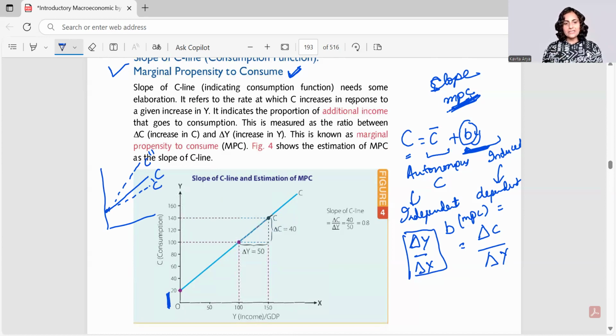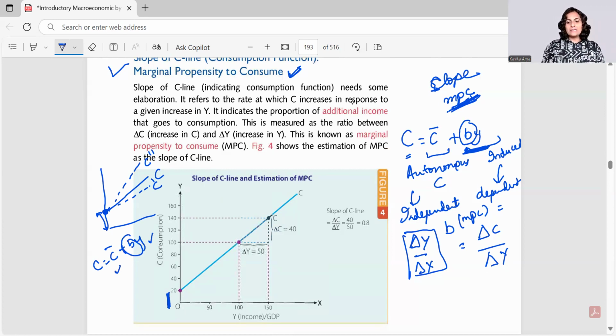Because b has changed here, because we are showcasing Y the same way for all the three, and C is beginning from the same value for all the three, and C is made up of C bar plus bY. Here, C bar is constant for all, Y is the same for all. It means the slope is the deciding factor to change its inclination. Here or here or here, it's the slope which is deciding at which rate it has to rise.